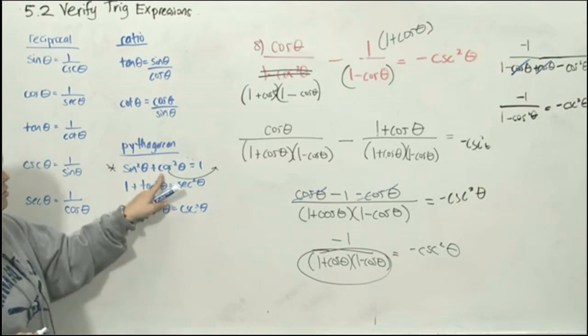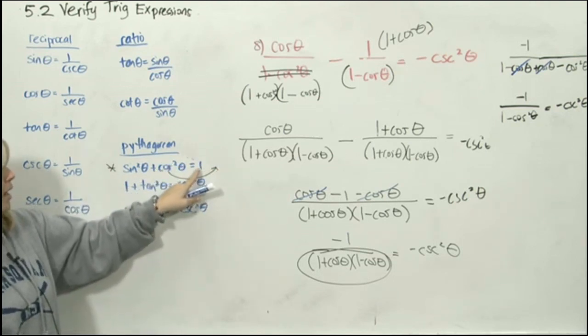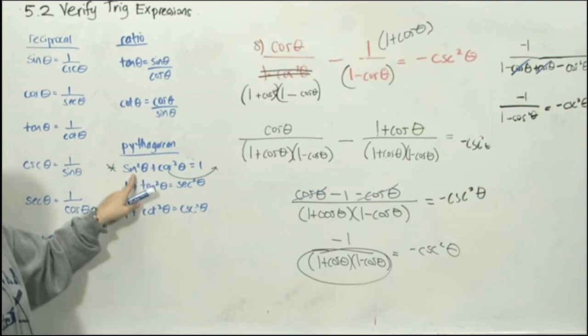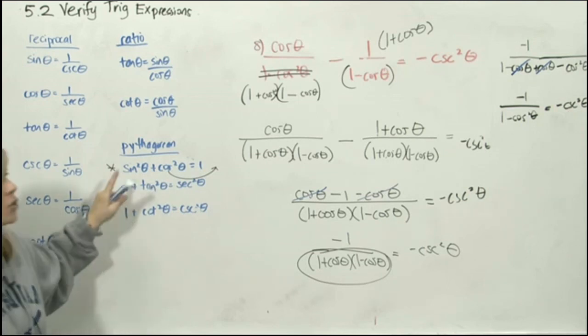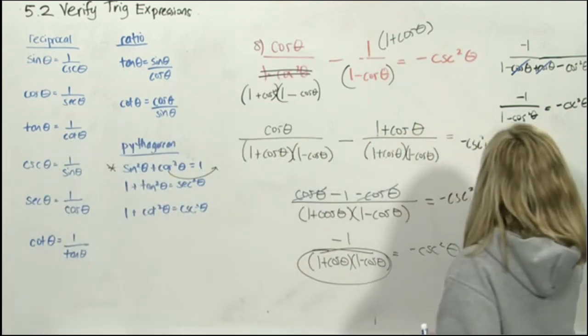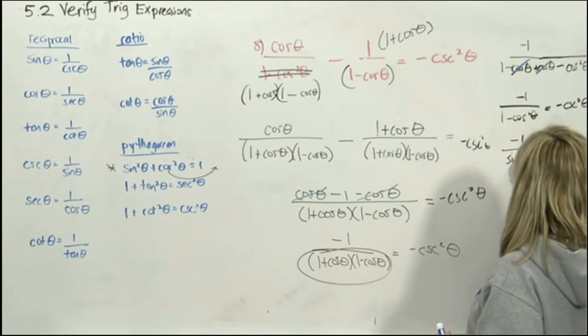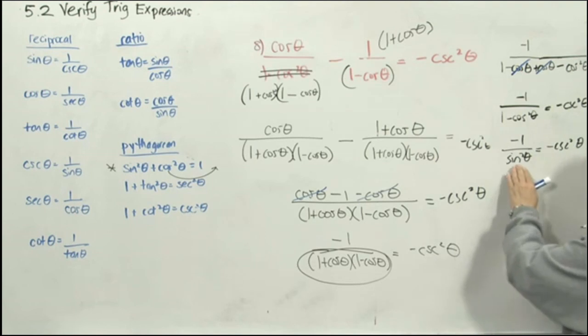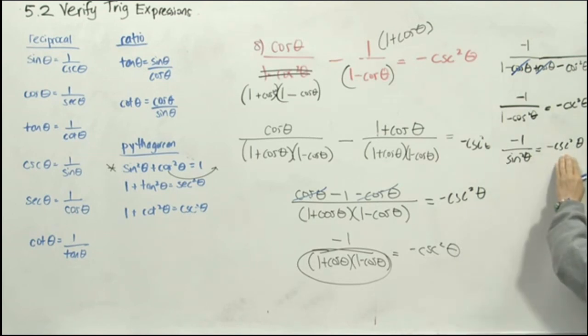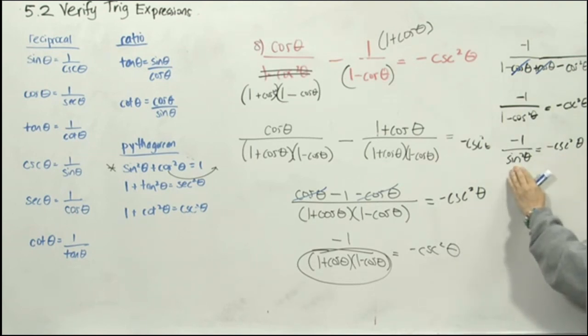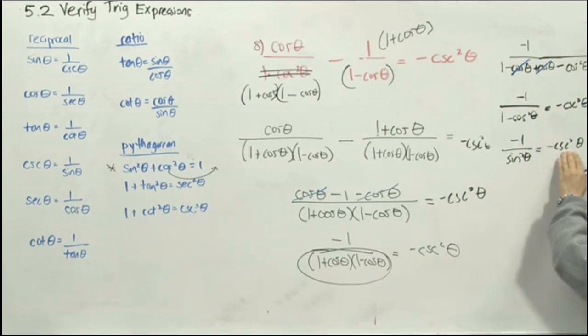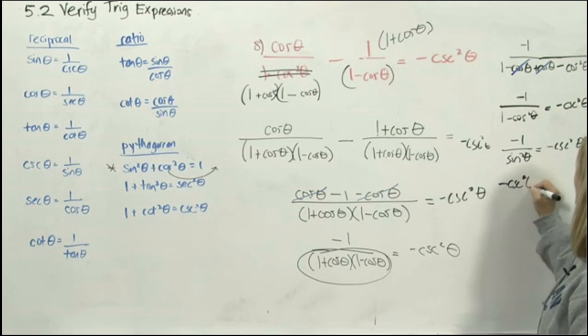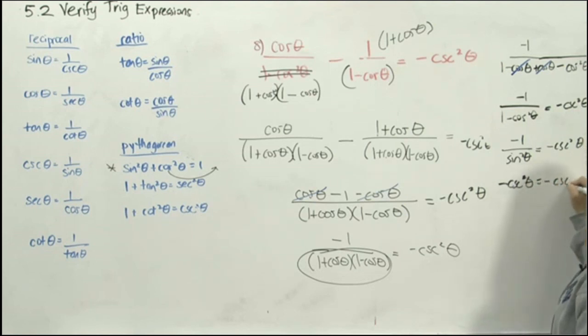So if I move that cosine squared theta over, I would have 1 minus cosine squared, and it can get replaced with what it equals, which is sine squared. So now this becomes negative 1 over sine squared theta. And we know the reciprocal of sine is cosecant. Because that's sine squared, the reciprocal of that would be cosecant squared. Because there's a negative there, we just verified: negative cosecant squared theta equals negative cosecant squared theta.